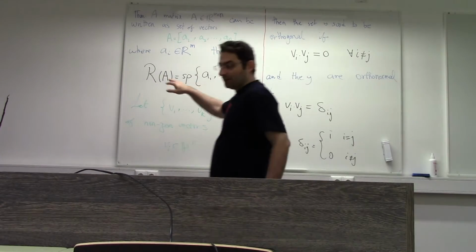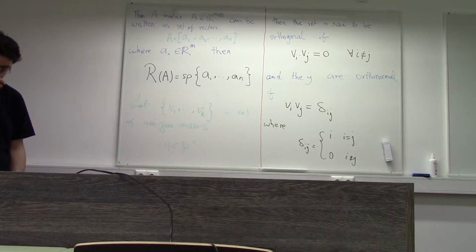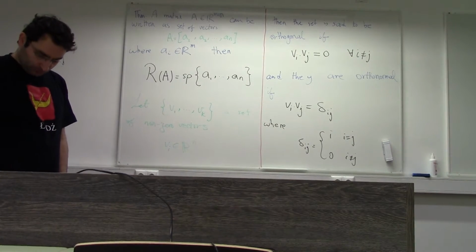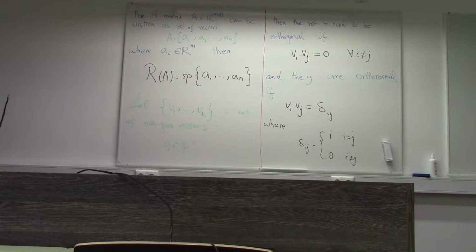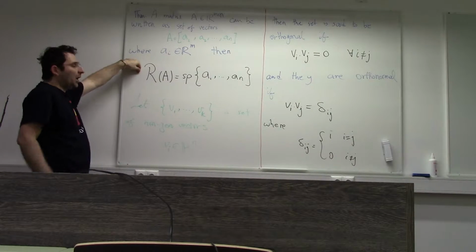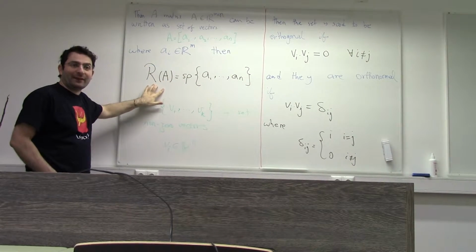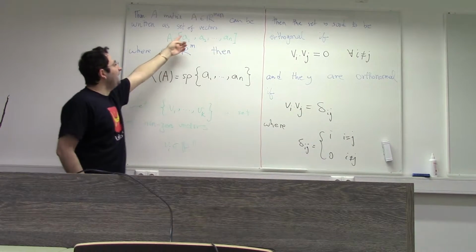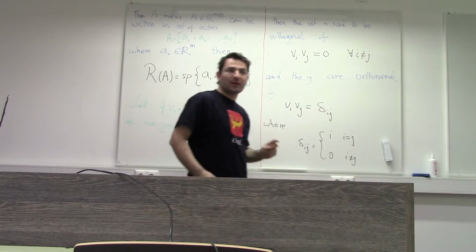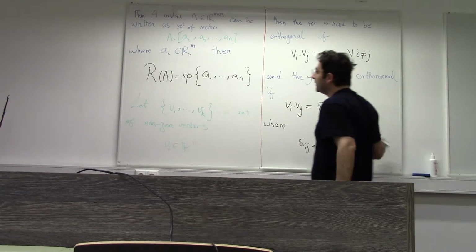So let's get back to this. I'll have to slow down. So in the range of A, we understand that the range will be spanned by orthogonal or orthonormal vectors if the columns of A are orthogonal to each other, or orthonormal to each other.